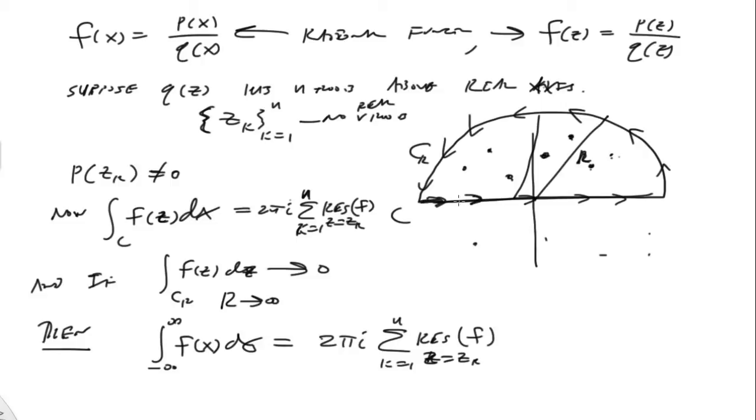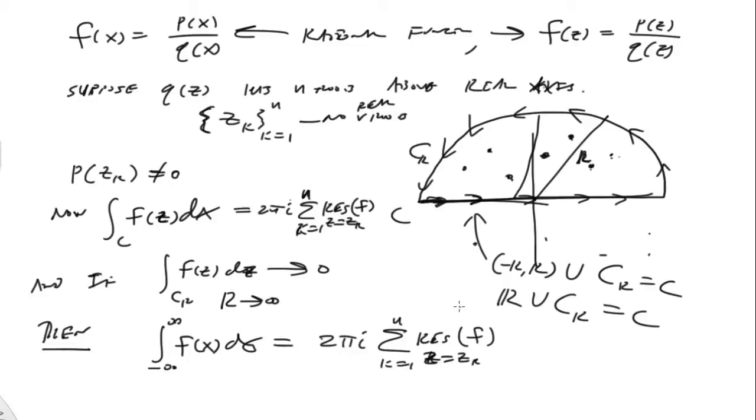Okay, and that's simply true because we can call the interval negative R to R, union with CR, equal to C, and if R gets bigger and bigger, then of course we have basically the real line there, union with CR, and that's going to be our C in the limit.